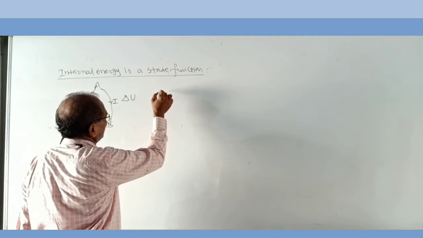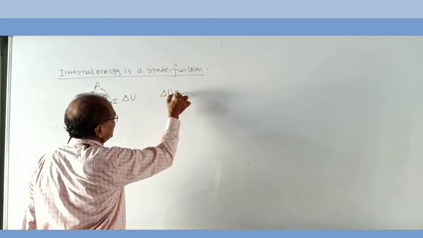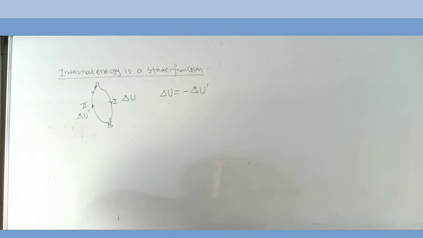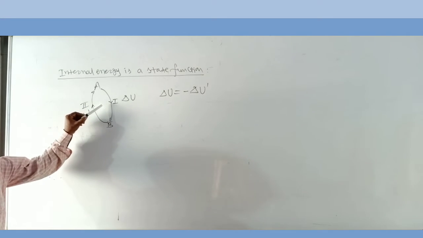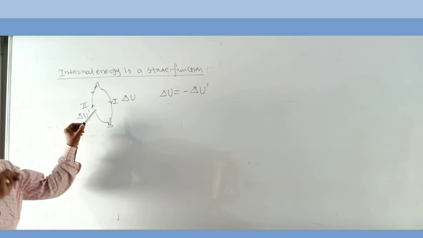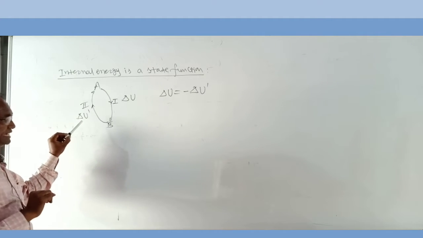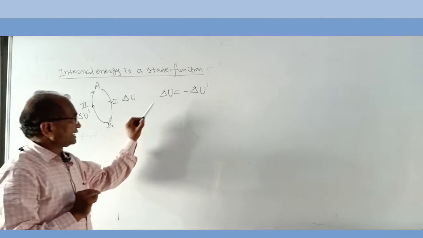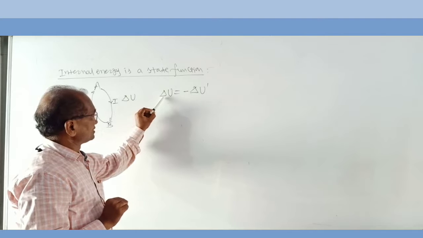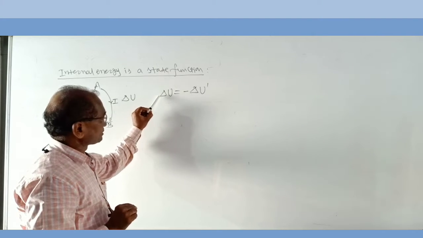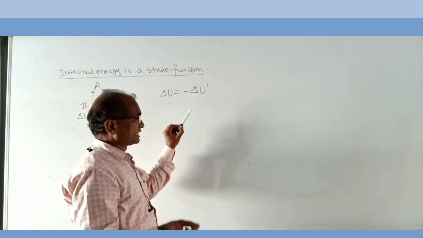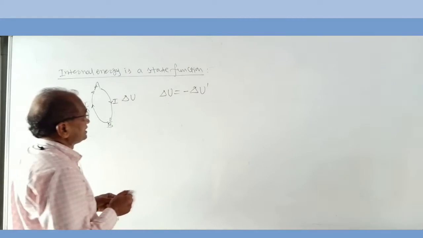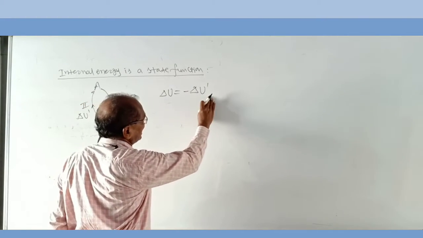Suppose delta U is equal to minus delta U dash, because here delta U is the energy given to the particles and delta U dash is the energy given by the particles. Energy given by the particles is positive and energy absorbed by the particles is negative. Here delta U is equal to minus delta U dash.